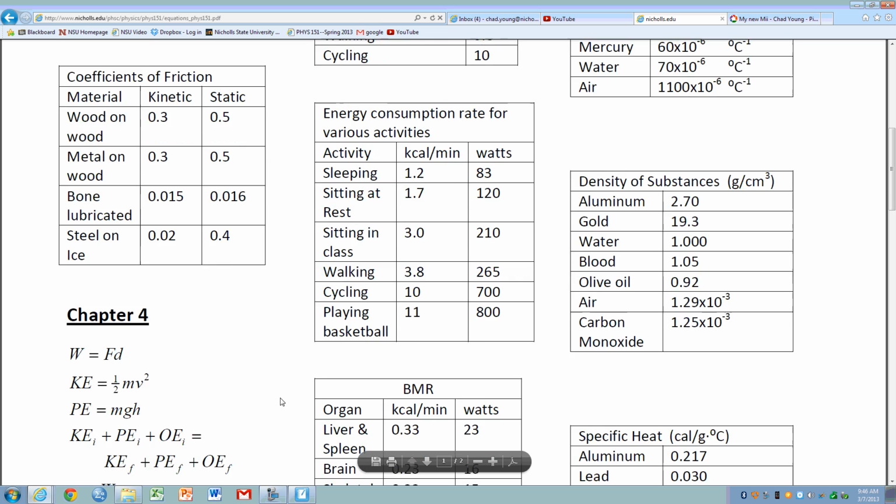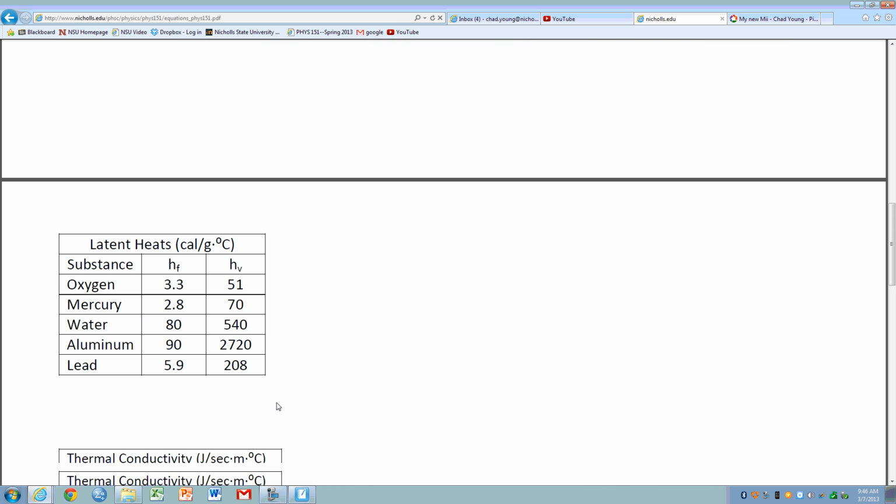On the equation sheet, you can find the latent heats of water. It was 80 for that one, but look at the heat of vaporization. It's 540 calories per gram. So there's an immense amount of energy being sucked away from your body when the water on the surface of your skin evaporates and becomes a vapor. It takes away that heat of vaporization.